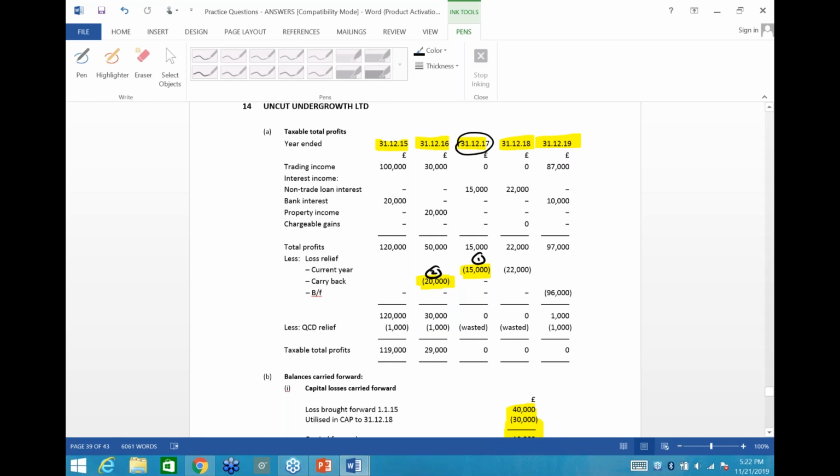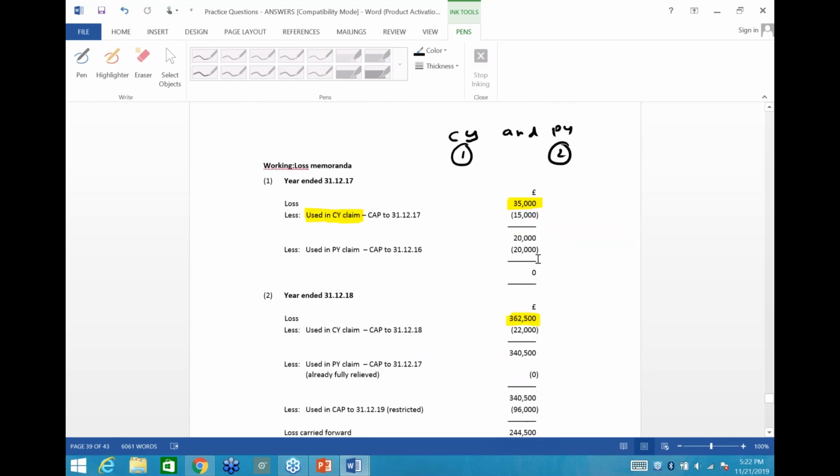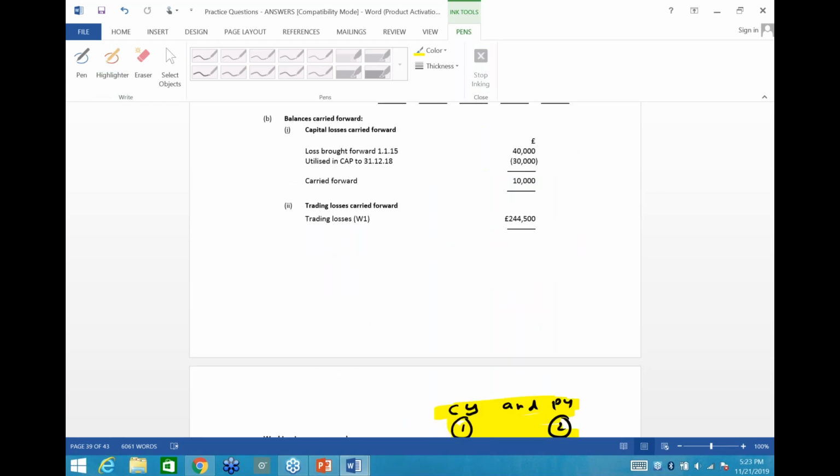Then in the next period of account also, you have a much higher loss, 362,500. Again, we can use the same approach. First, against the total profit before QCDs of the current year, and then any unrelieved amount to the previous year. So we'll see what are the options available here. So first, against the current year.